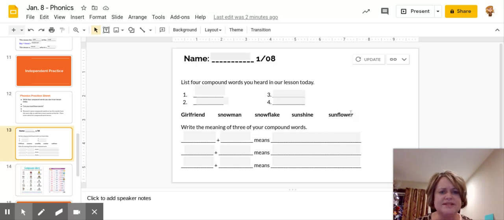Okay, let's do another one. Sunflower. So you got sun here, flower here. What does that mean? It is a flower, sun. A flower, sun. I'm thinking it is a flower that looks like the sun. Okay, so you're thinking about a sunflower is really big and it's got the yellow around it.